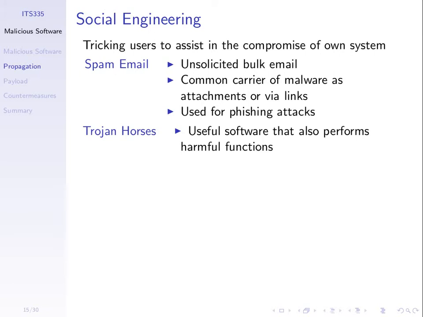And then that's the start of the attack. We mentioned phishing attacks as one example there. Trojan horses are software that are, from the target's perspective, useful, but also contain some malicious payload. Like you download a program to convert Word to PDF. It's useful for you, but actually that software includes some malicious functions as well.